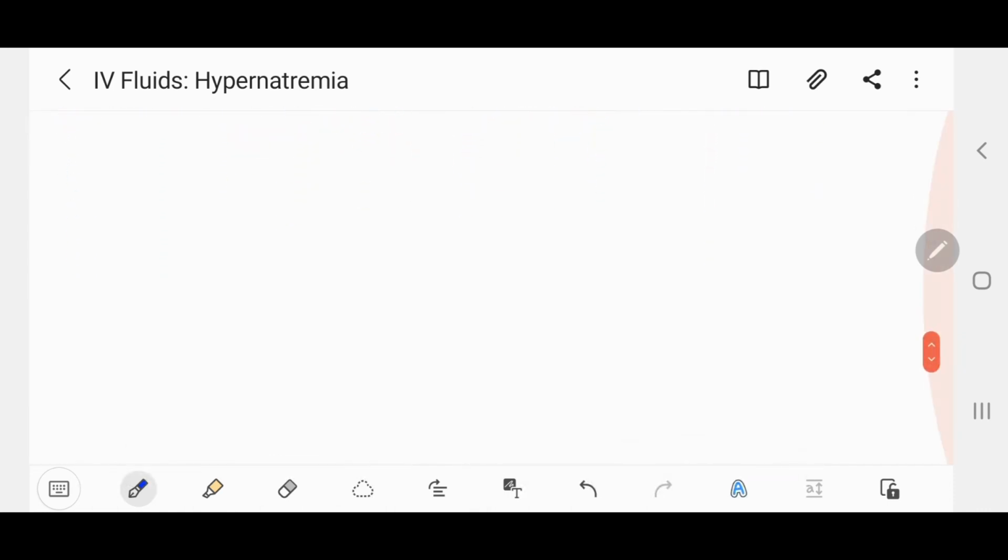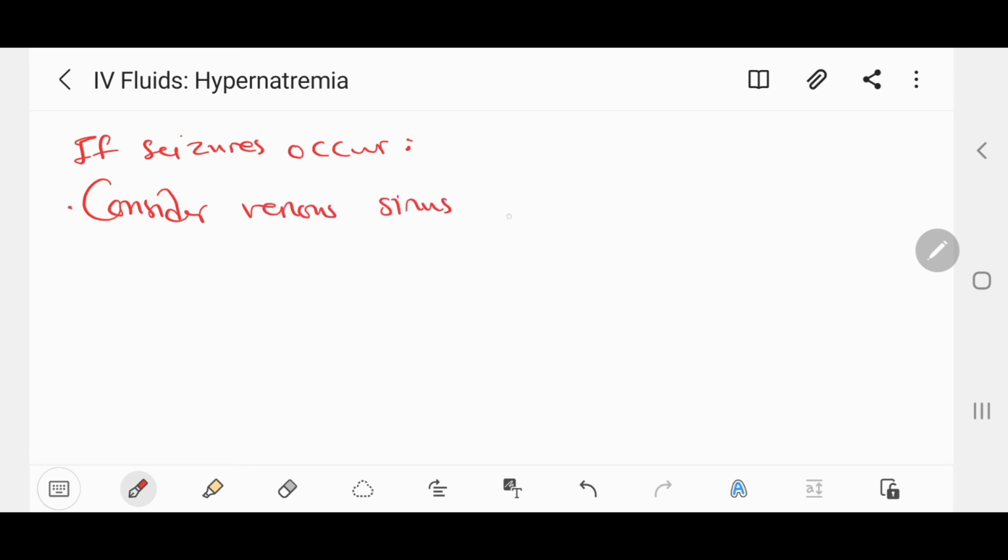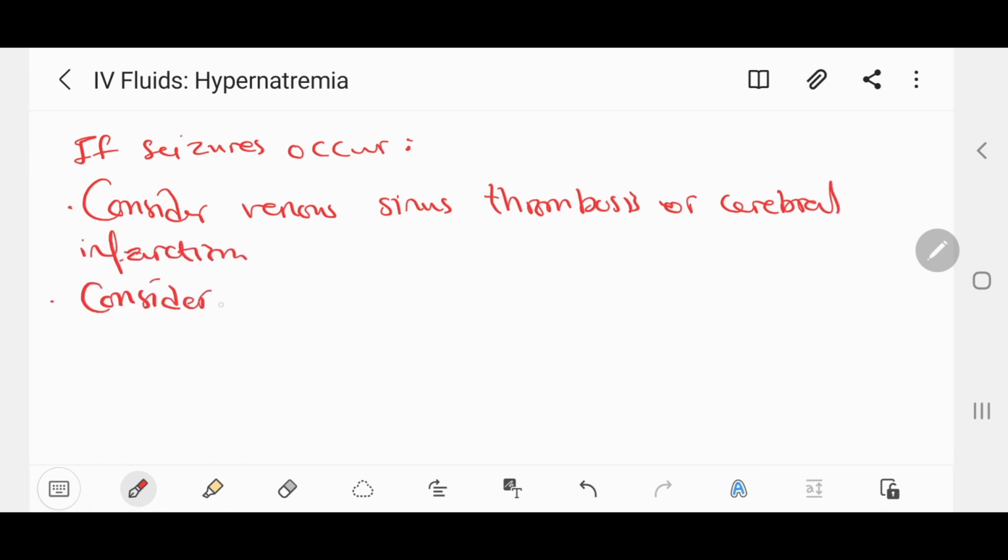We should also treat diabetes insipidus with endocrinology input if we need it. Now, if seizures occur, the first thing we should consider is venous sinus thrombosis or cerebral infarction.